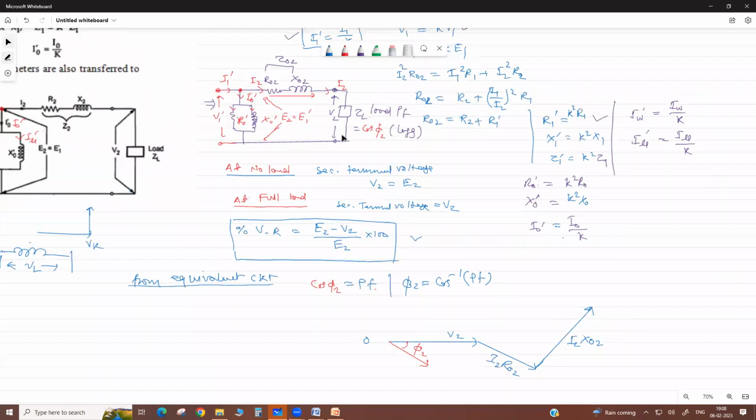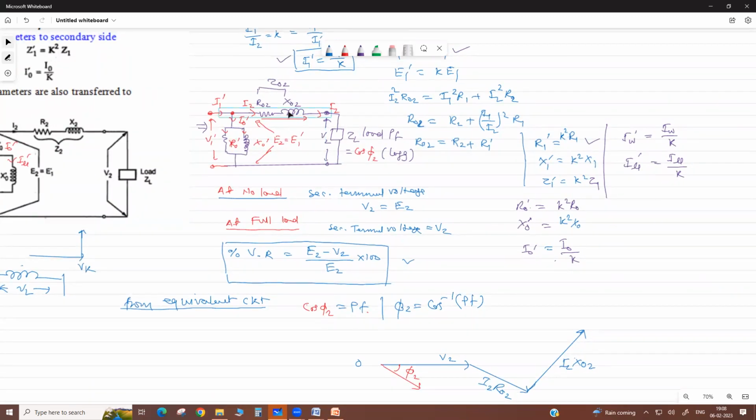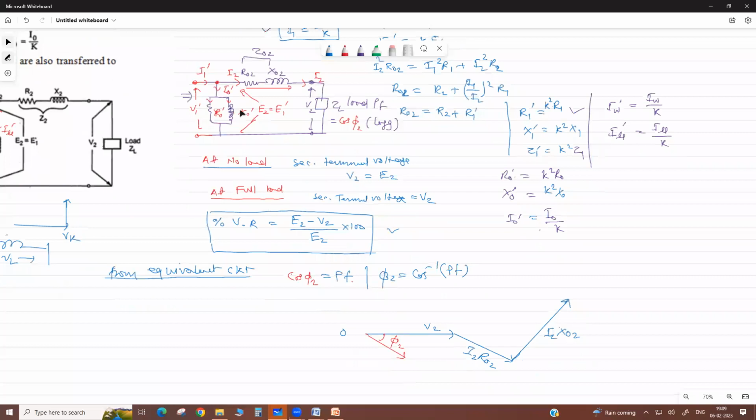Now, my dear, see, this voltage plus the drop across reactance and the drop across resistance will give the total voltage across this terminal. What is the voltage before this reactance? That is E2. And here at the load, it is V2.